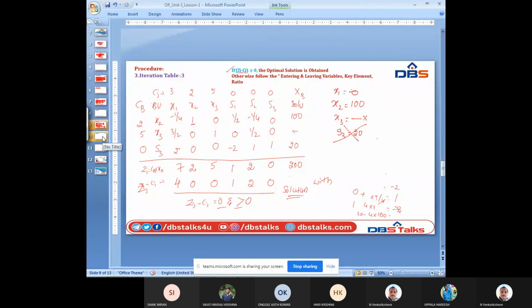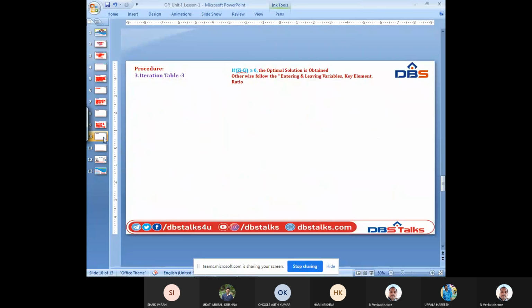So what is the objective function? Now we have to write the objective function. Z equals 3x1 plus 2x2 plus 5x3. But what is the value of x1? We have noted no value of x1, so it is simply negligible, 0. At the same time, x2 is 100, so 3 into 0 plus 2 into 100 plus 5 into what is the x3?